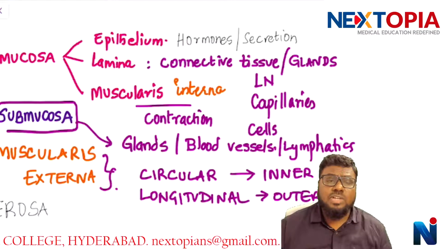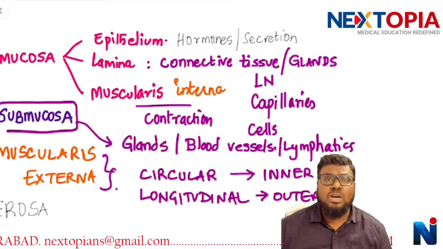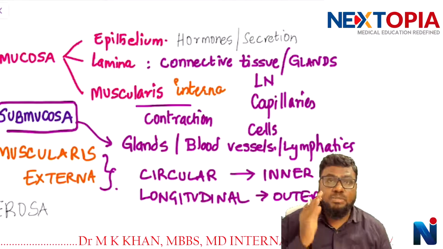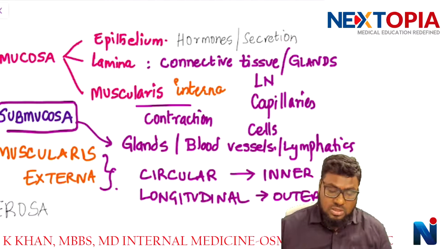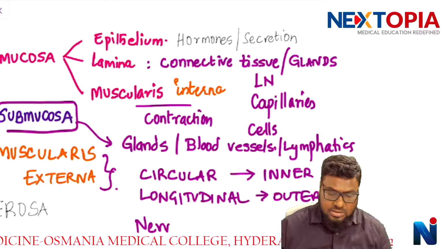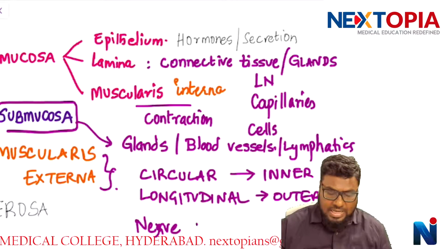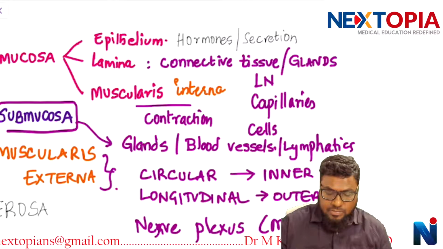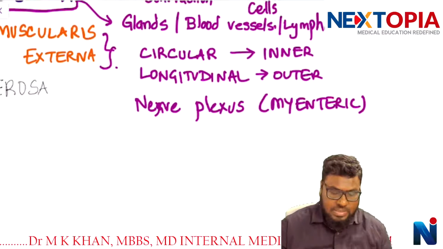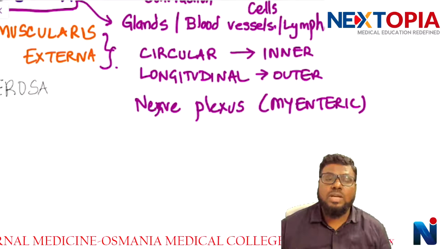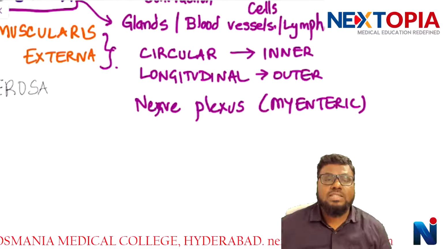There is a plexus of nerves which is involved in motor activity or movement of these muscle fibers, and it is present in between these two layers. The nerve plexus, which is called the myenteric nerve plexus, is present in between these two layers of the muscularis externa.